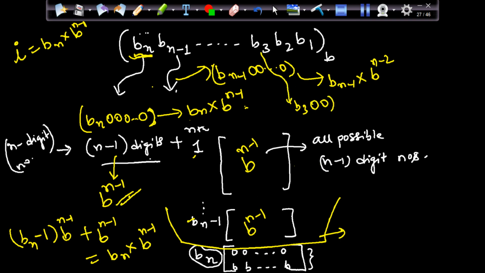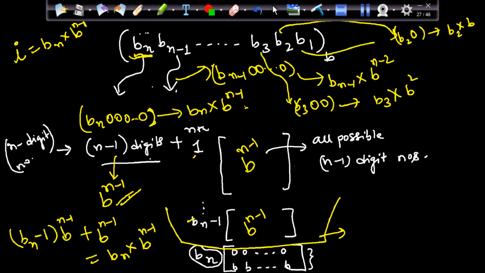It corresponds to 0 0 0, that is b_3 into b square. Similarly, what does b_2 correspond to? b_2 corresponds to b_2 0, that is b_2 into b, and b_1 corresponds to b_1 into b to the power 0. That's what it is.